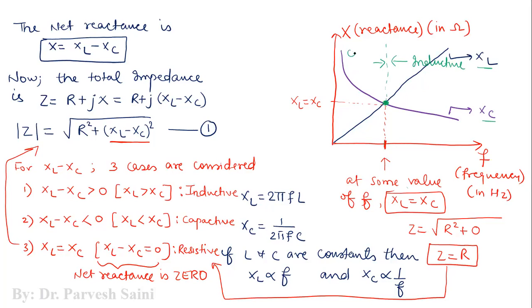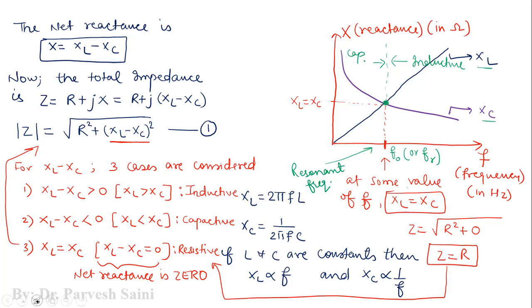So what do we call this value of frequency? This frequency is known as F naught, or we can say it is FR. This we call the resonant frequency, right?